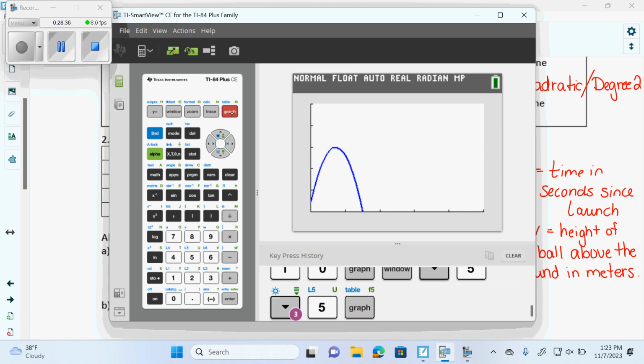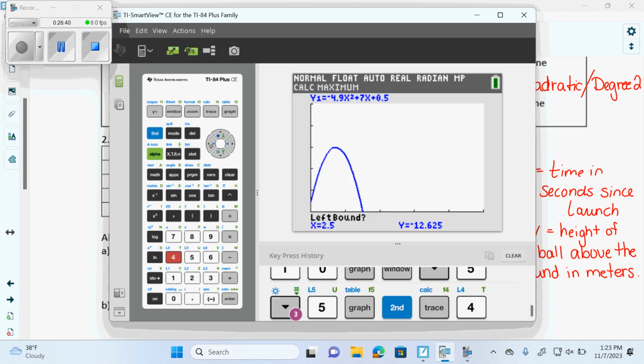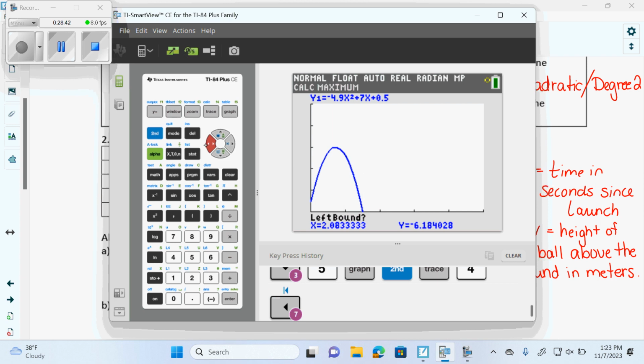So if I want to find the maximum for my y, I do second trace, maximum, which is number 4. Left bound. Enter, right bound. Enter, enter. So its maximum, is that 0.71 or 3?